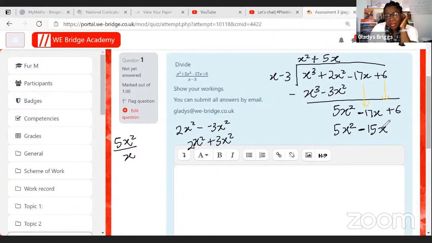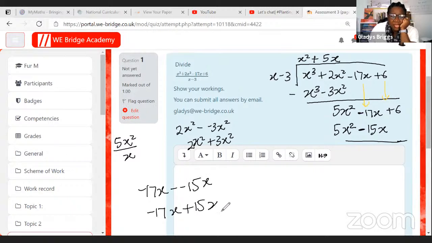Then you subtract and bring down your answer. So 5x squared minus 5x squared is gone. Negative 17x minus negative 15x is equal to negative 17x plus 15x, which is equal to negative 2x, plus 6.